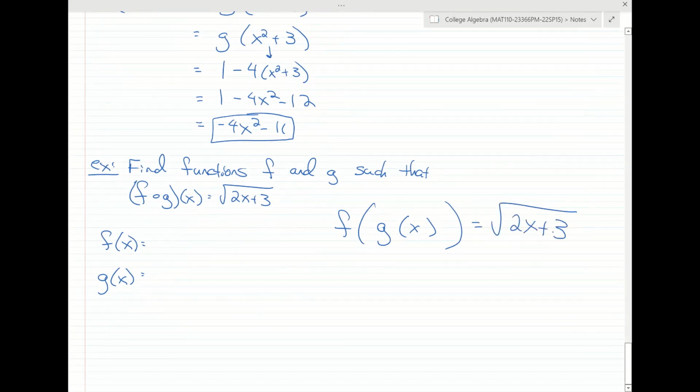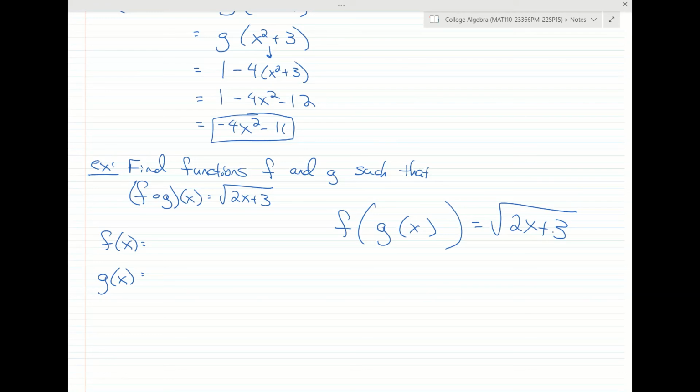You have to get a little creative for this. Anyone have any suggestions? Think about it like f of x is the big function. What is the big function here? What's on the outside of the inside?